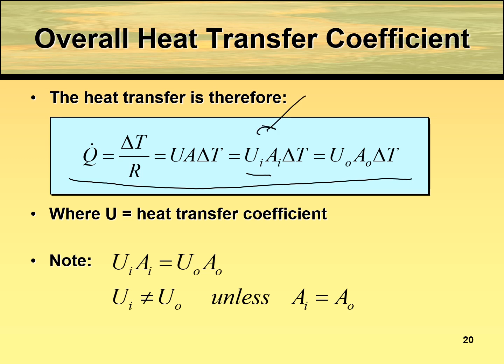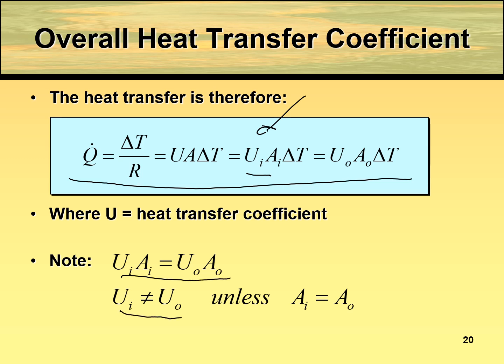UI refers to the inner surface of the inner tube, and UO AO to the outer surface of the inner tube, whereby UI AI is equal to UO AO.